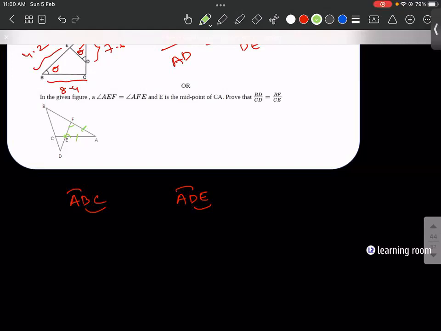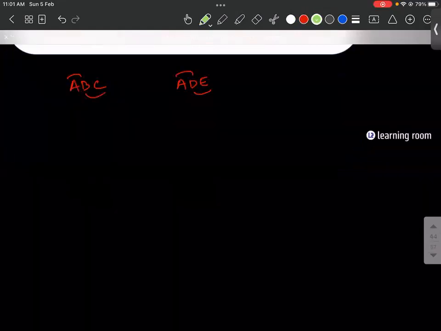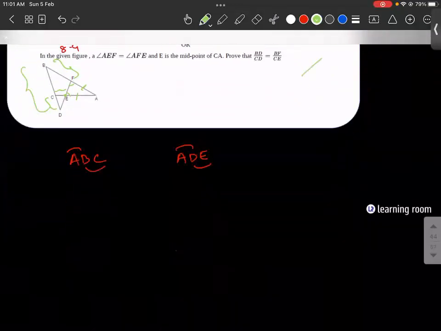Prove that BD by CD is equal to BF divided by CE. So how to solve this? None of you did this? Okay, that's fine. So do one thing, you can have a look at the solution.